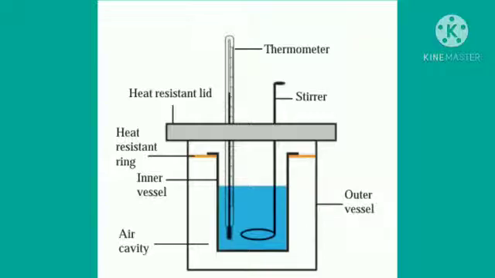As the calorimeter is thermally isolated from the surroundings, the total heat lost by the hot object is equal to the total heat absorbed by the calorimeter and water inside it.